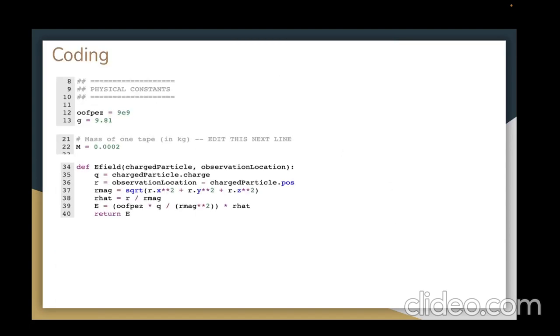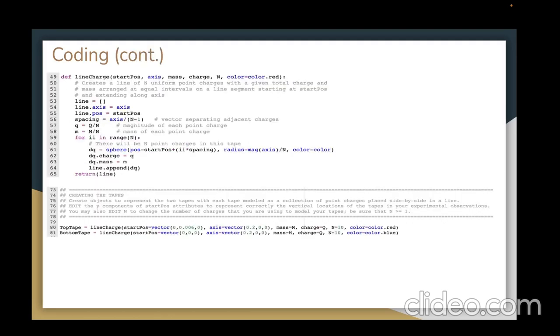So going into the computational model, first you can see here we define a function that can calculate the electric field of a charged particle at a particular observation location. At the top you can also see some of our constants, which include K, g, gravity, and the mass of the tape. Moving down, you can see another function called line charge.